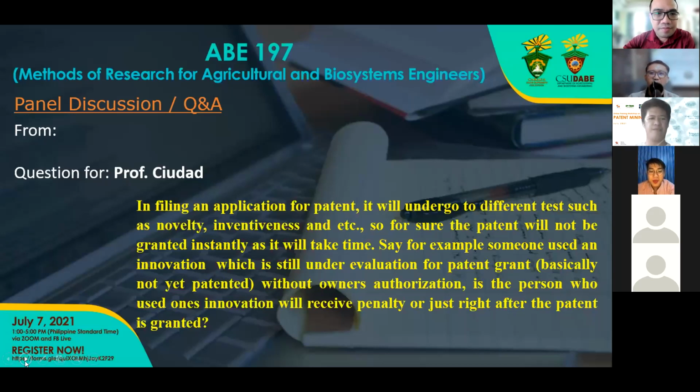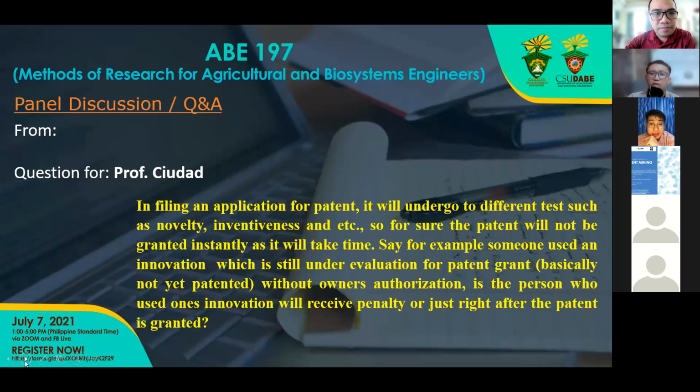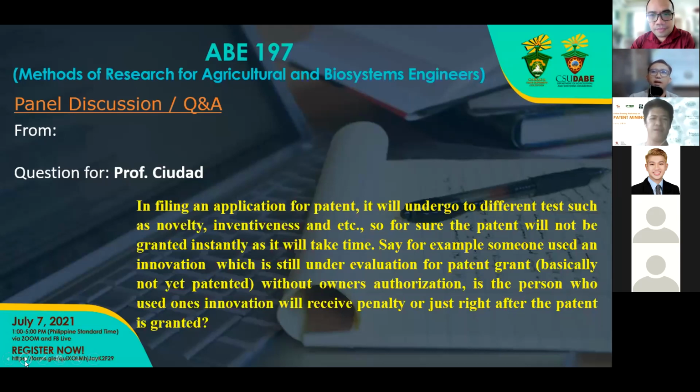Maybe just to clarify na, actually once you have applied for a patent, this is just sort of an encouragement. Why do you need to really apply for a patent right away once you have developed that technology?